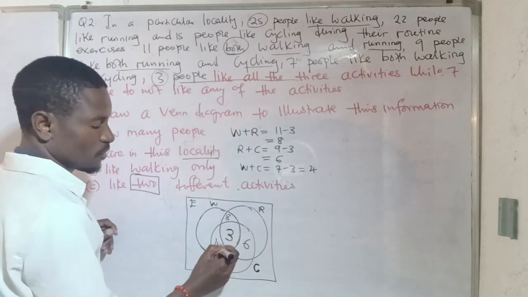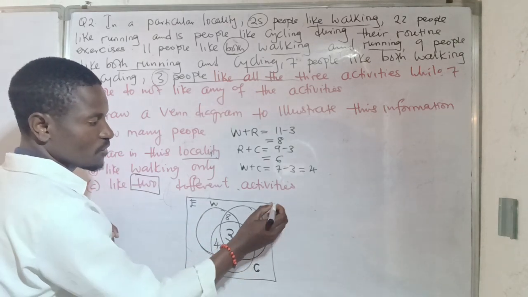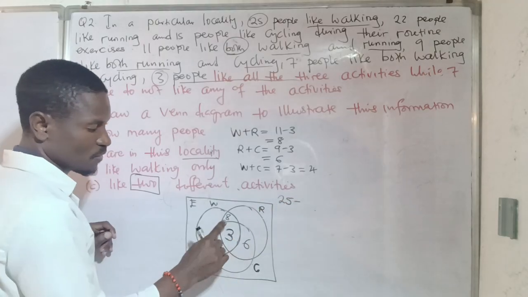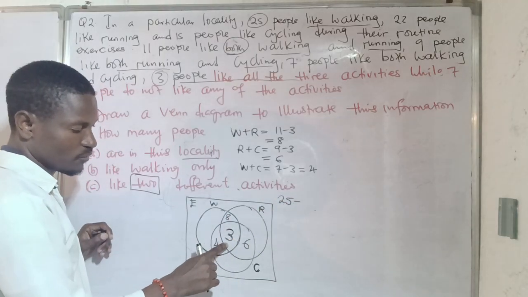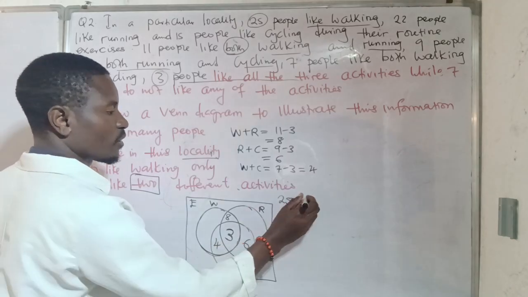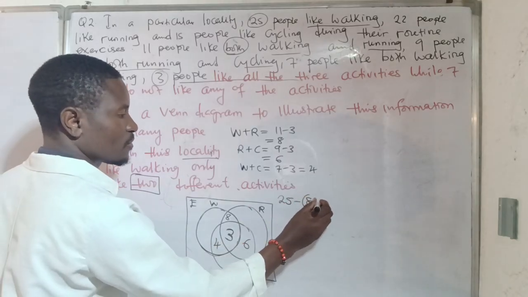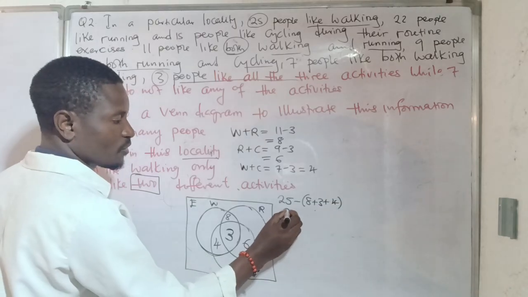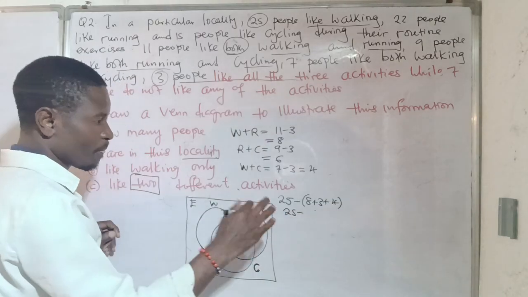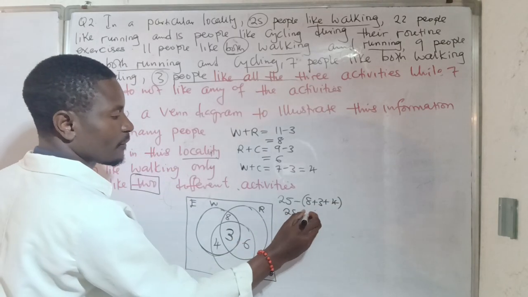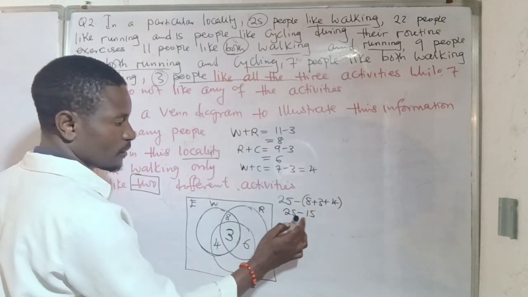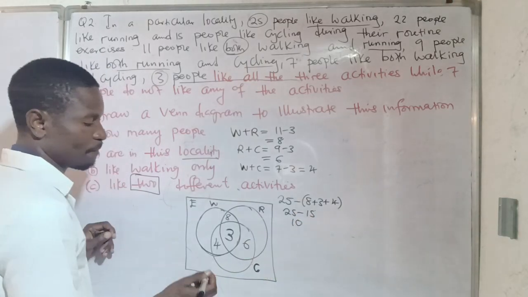You say 25 minus 8 plus 3 plus 4, which is 15. So 25 minus 15 is going to be 10.